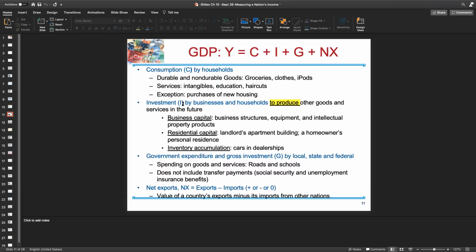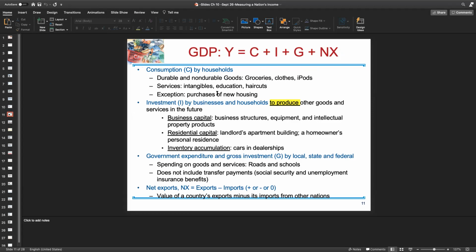Now, consumption is the consumption by households. This includes durable and non-durable goods, such as groceries, clothes, and iPods. The services are all the intangible things, such as education, haircuts, and if somebody comes and cuts your grass, these are all services.